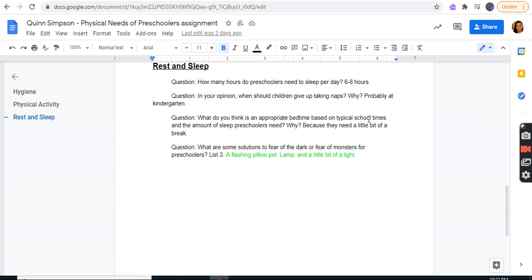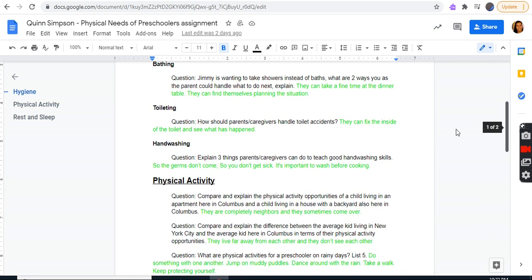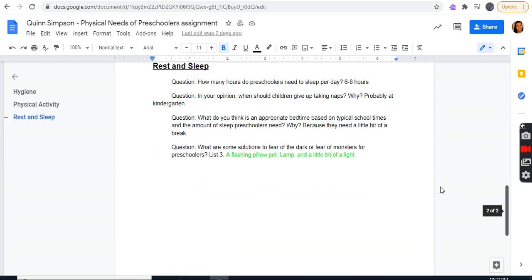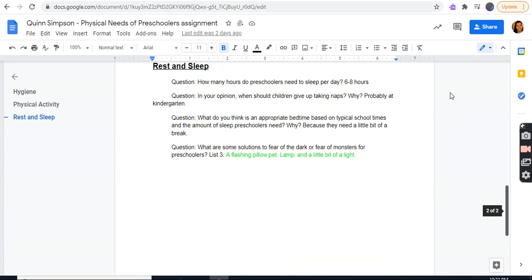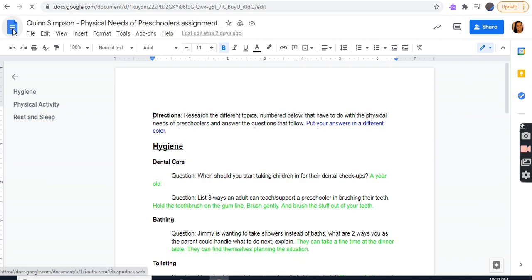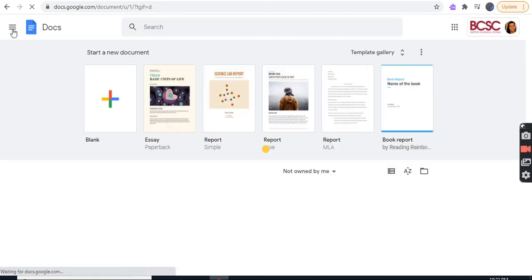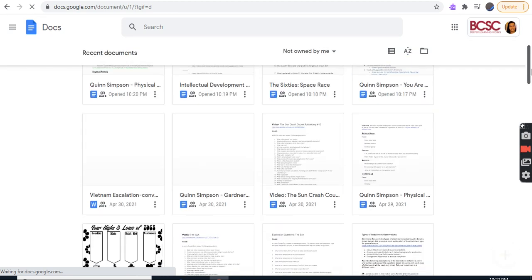All it has to do is just stay there, unless it's something really scary. So a flashing pillow pet, a lamp, and a little bit of light in the room, like the tall lamp, can help. So yeah, that's all my answer keys for this assignment.